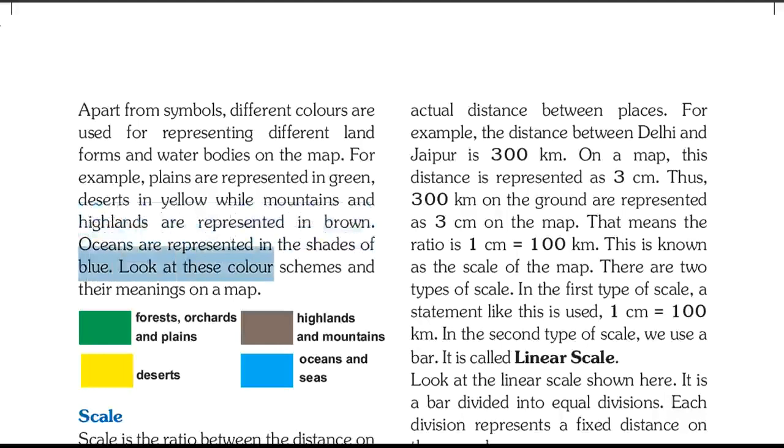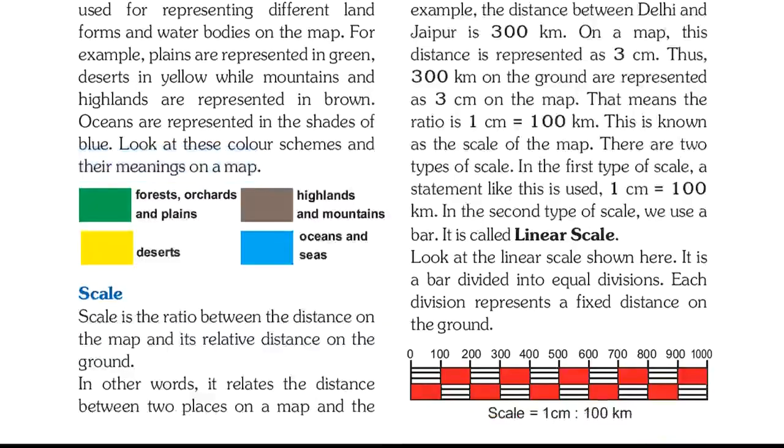Look at these color schemes and their meaning on a map. Green color indicates forest, orchards and plains. Yellow color indicates deserts. Brown color indicates highlands and mountains. And blue color indicates oceans and seas.